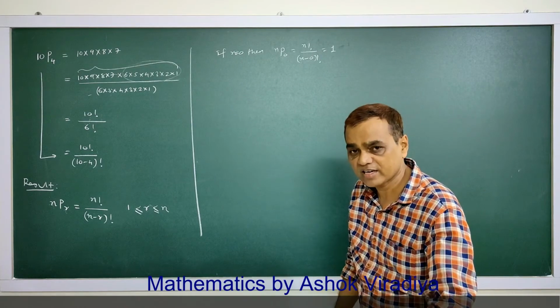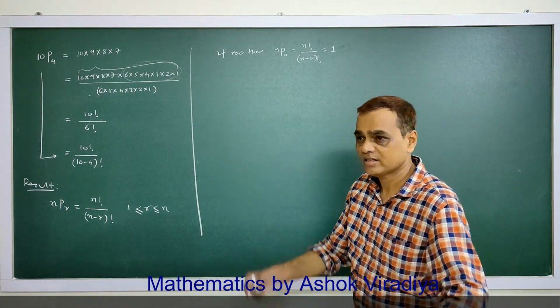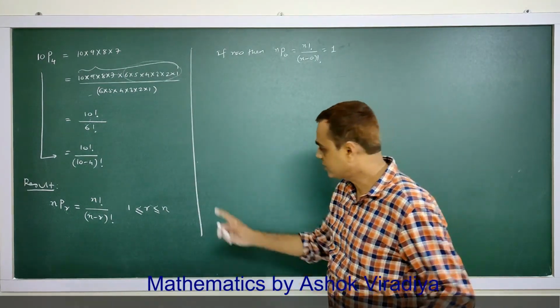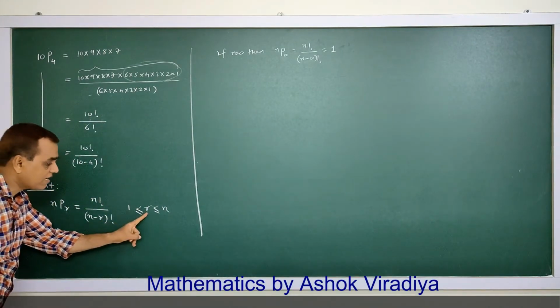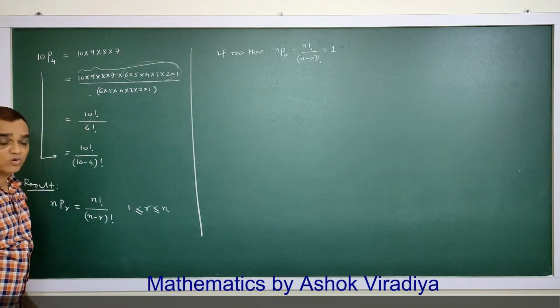And which is that way? Don't do anything. That is the way. So nP0 is 1. So this formula can also be taken for r greater than or equal to 0. r can be taken 0.